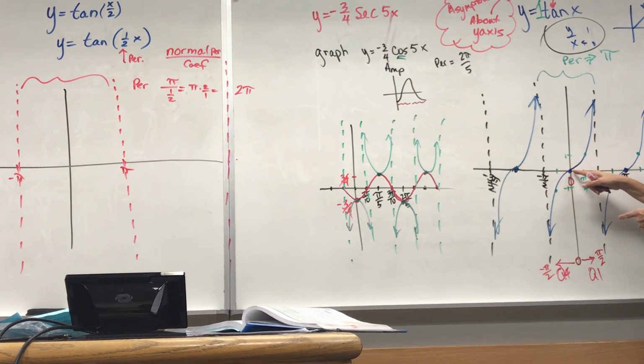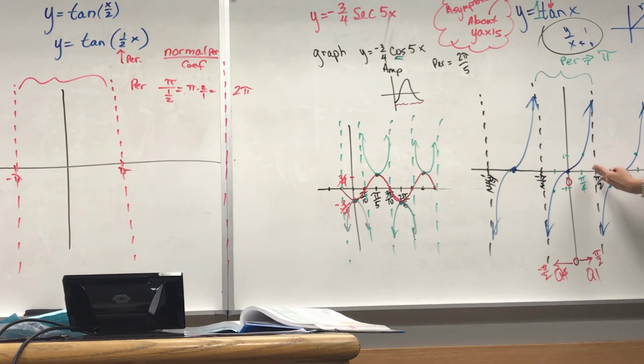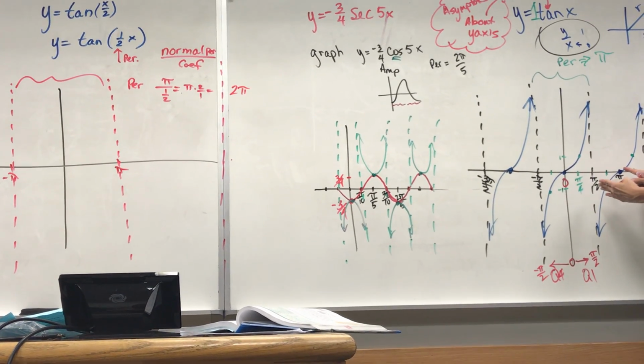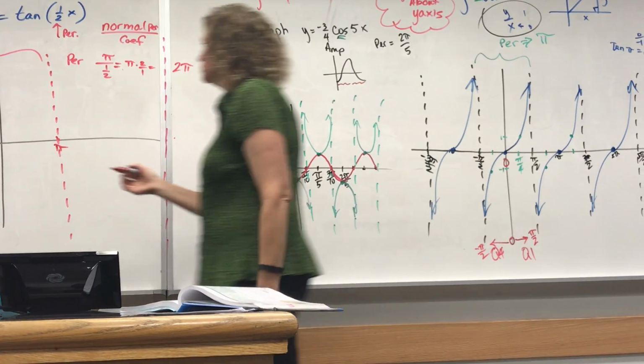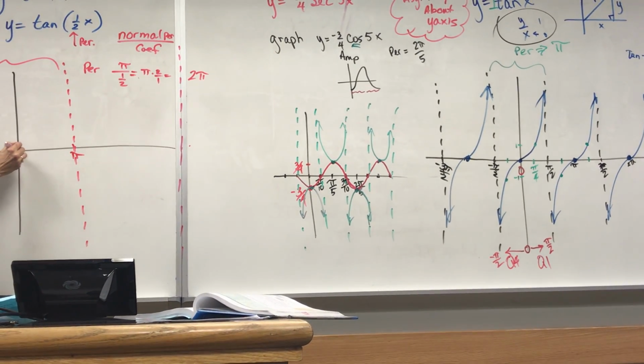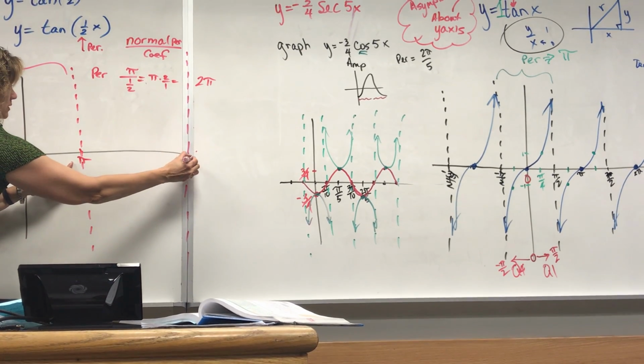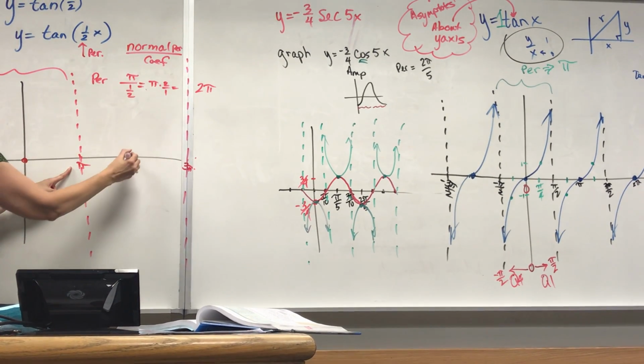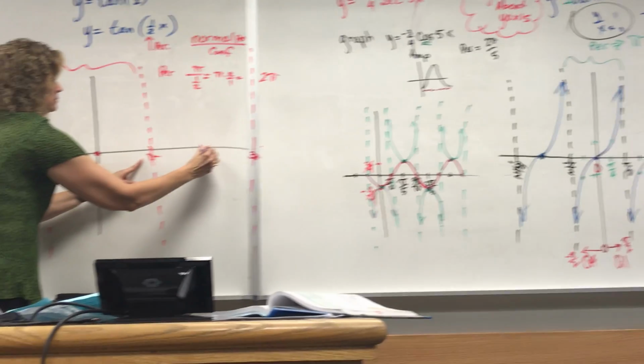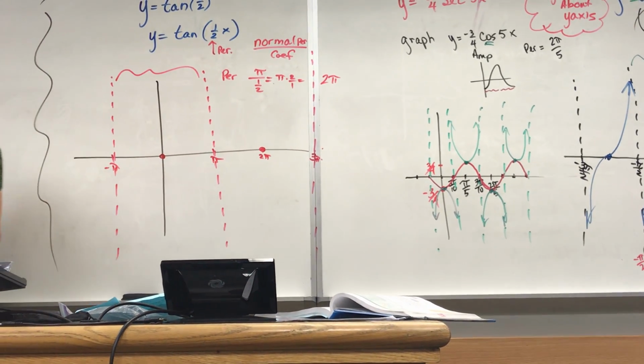We cross the axis. Right in between the two asymptotes, we cross the axis. This is pi. This actually happens to be 3 pi because it's 2 pi further. So here at 2 pi, we're going to cross the axis.